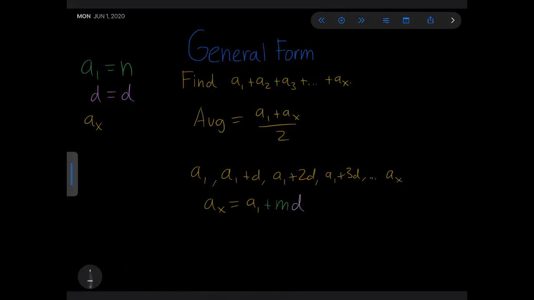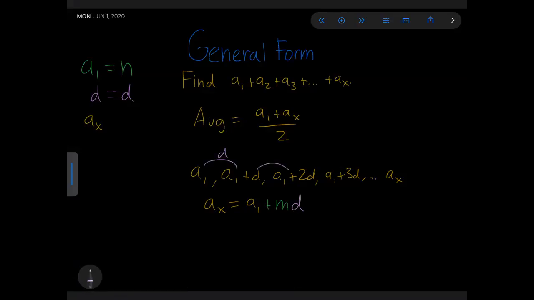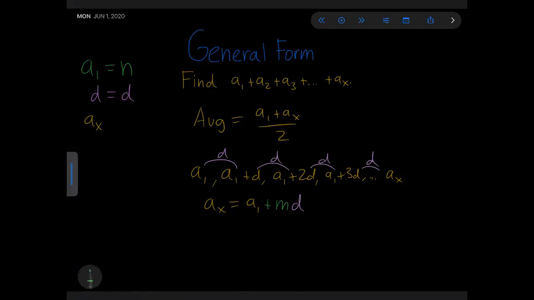So the number of terms there are is going to be m plus 1, and here's why. If there's a gap of d in between each of these, you're going to have m of these gaps, right? Here's one gap from a1 to a1 plus d, that's 1. a1 to a1 plus 2d, there's 2. a1 to a1 plus 3d, there's 3.